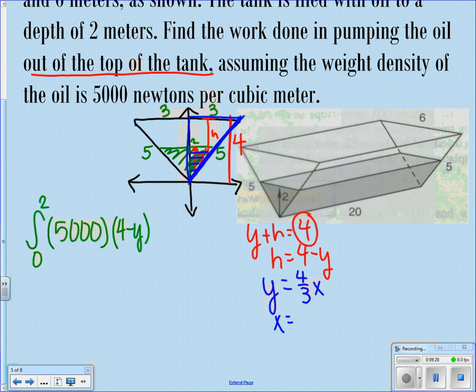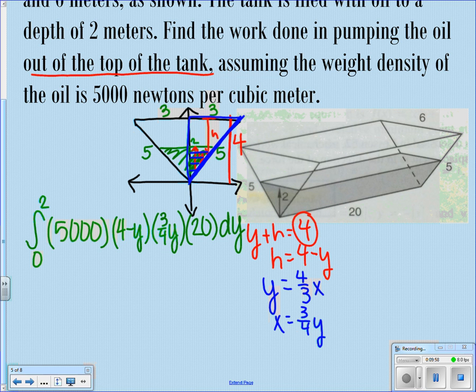So if you solve that for x, you get 3 over 4y. So we're going to have 3 over 4y for our front side. Now it goes back 20, so that's our other part for the volume. And then the last part we need is the height. And so it's a change in the y value, so dy.